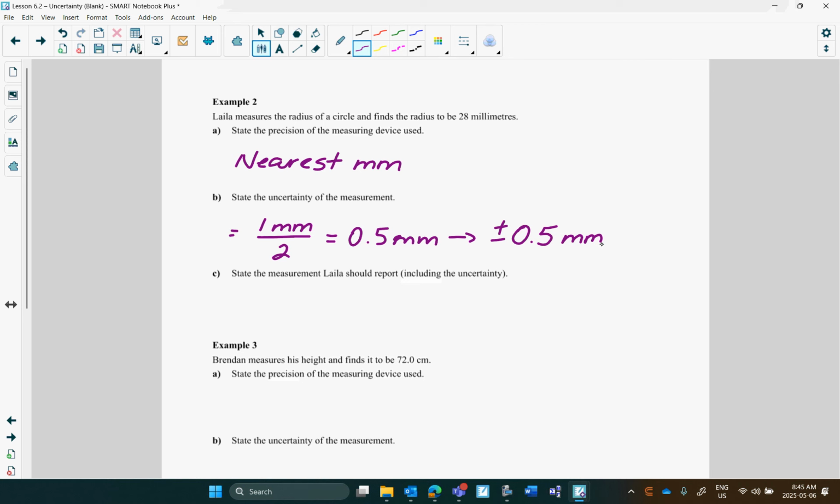For the final answer, you're going to take the measurement that Layla got and add this to it. So your final answer is going to be 28 plus or minus 0.5 millimeters.